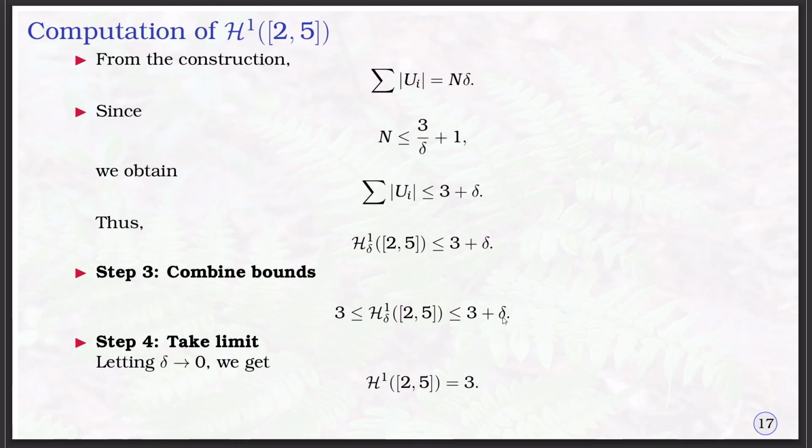If delta goes to 0, both sides become 3. Therefore, from this cover we get 3. So, H1 of [2, 5] gives the length of the interval. In general, if you take any set K in R and find H1, it will give the length of the interval.